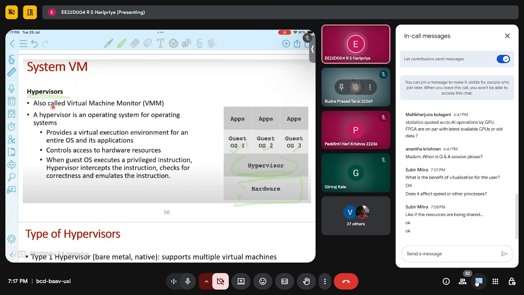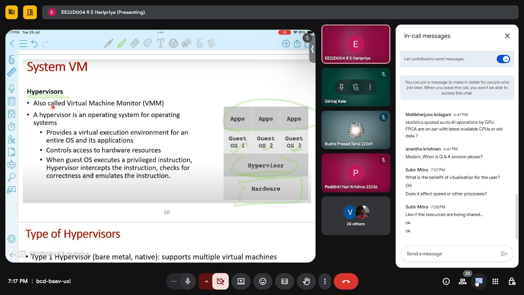Now this hypervisor will get booted up initially, in the beginning, and then OS1 will be booted up followed by 2 and 3. So the hypervisor is essentially providing a virtual execution environment for the entire operating system and its applications, which are running on top of the OS.